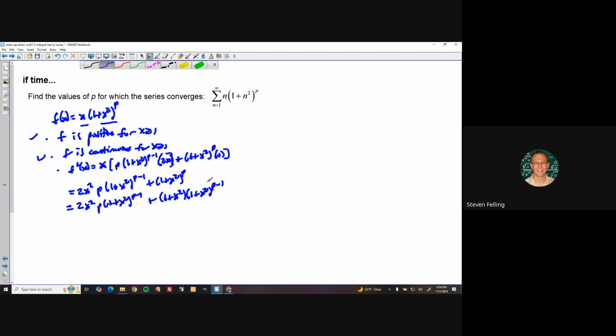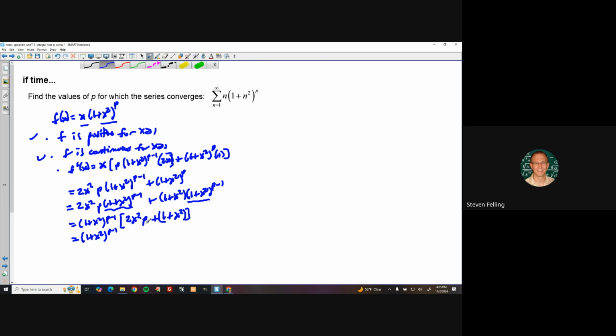So p minus 1 plus another one gives me a total of p of these, which means I can factor this out of both of the terms. So then I would get (1 plus x squared) to the p minus 1, and what's left here is 2x squared p plus 1 plus x squared, right? All right, so we've got (1 plus x squared) to the p minus 1.